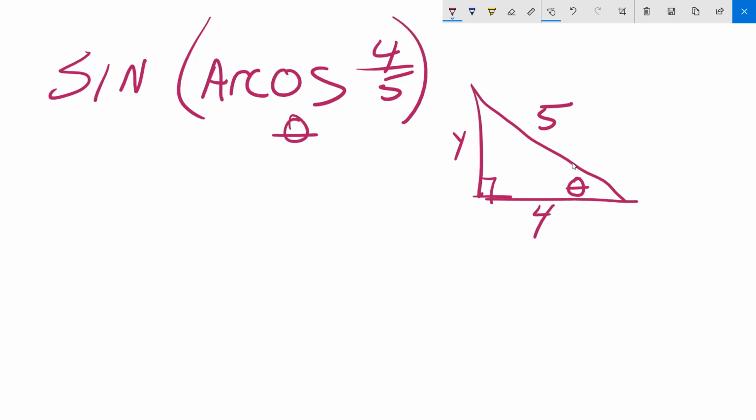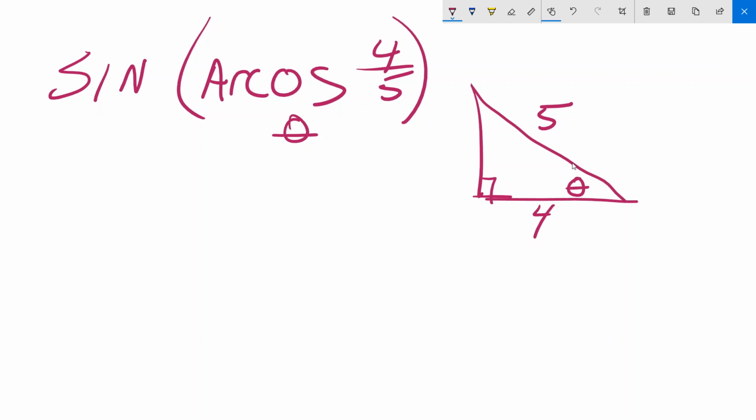It's always the case. All of these trig problems where you can put two dimensions on a right triangle, you always have to use the Pythagorean Theorem to solve for the third side. Always. Does that fit any of your triangles that you're taught about? Is it a 5, 12, 13?